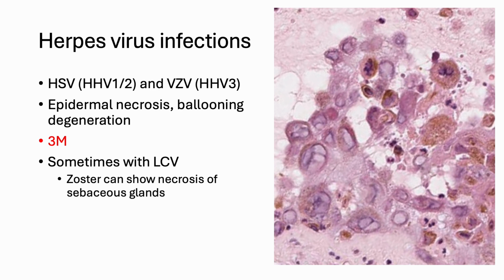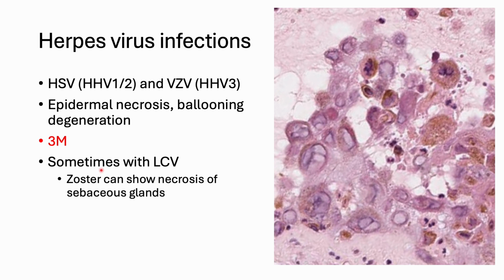Everybody knows that herpes virus infection can have the 3Ms, which include molding, meaning the nuclei are crushed on top of each other, multinucleation, and margination of the chromatin. You can see it looks ground glass, and the chromatin goes to the periphery of the nucleus.